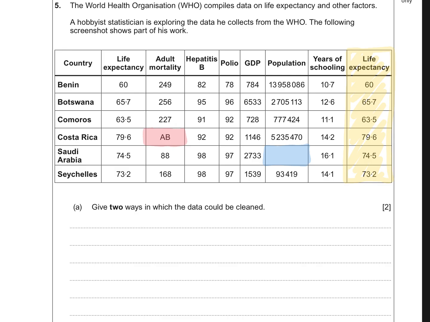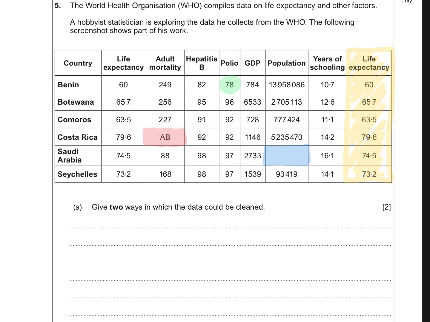And then really the only other thing that might stand out is this number here, no, not that one, sorry, circling the wrong one. This one here, because it's significantly lower than all of the rest.